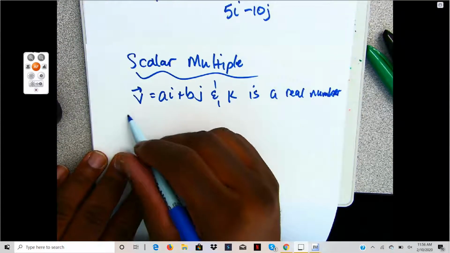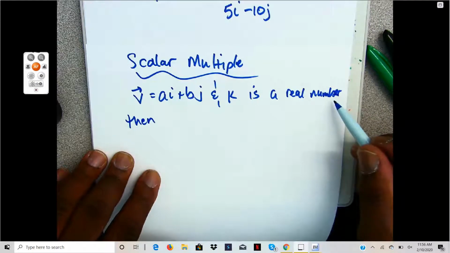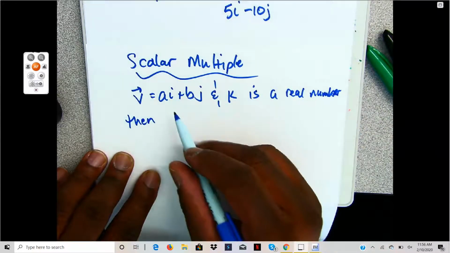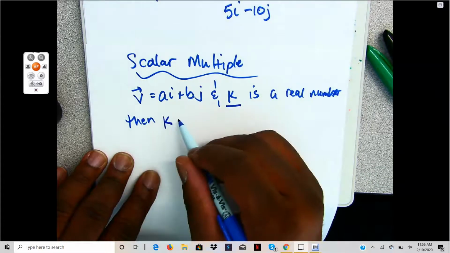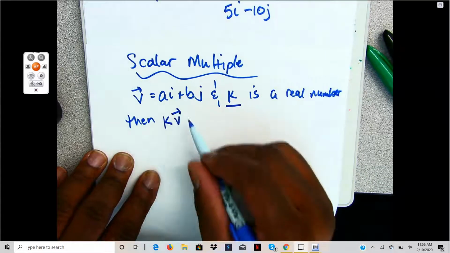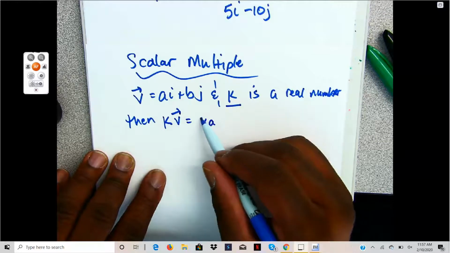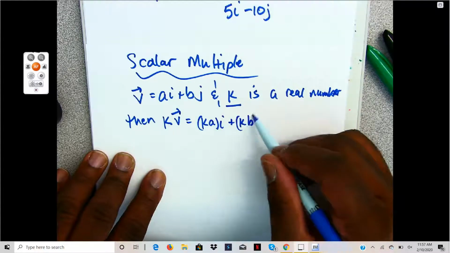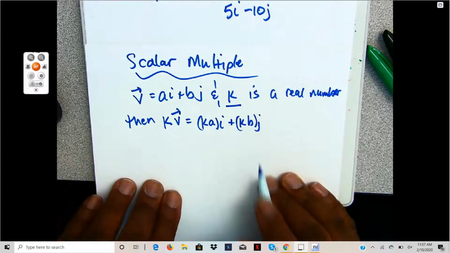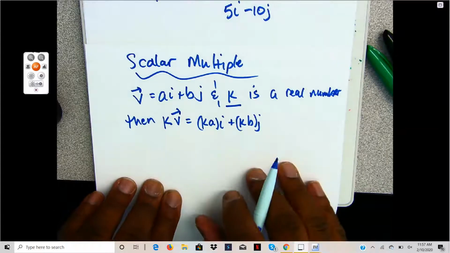Then k times v is equal to k times a i plus k times b j. So if you're multiplying a vector by a real number, just multiply both a and b by that number.